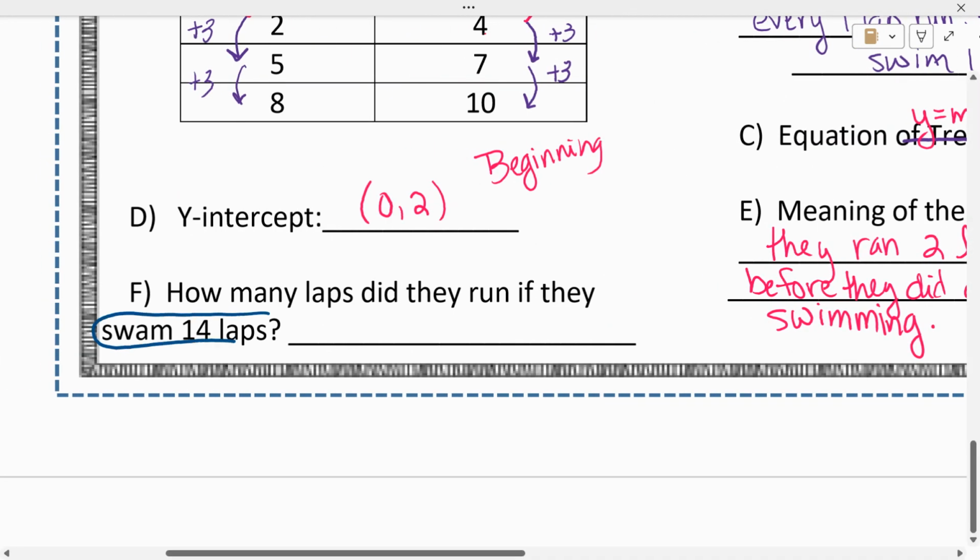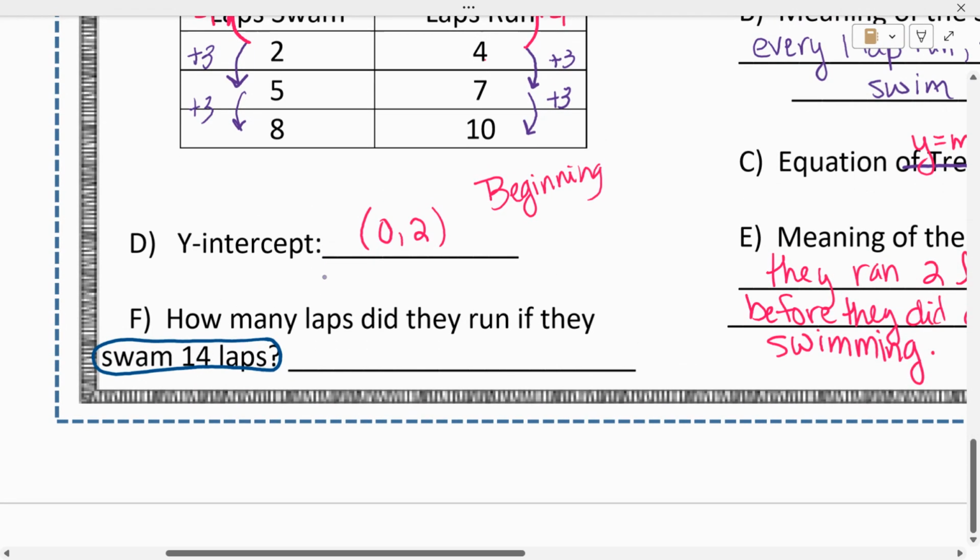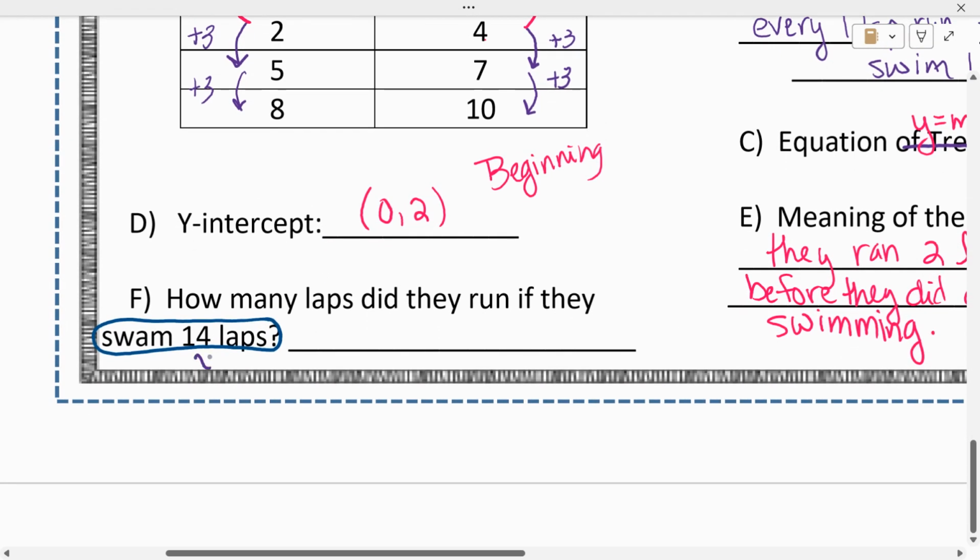What variable does the swimming 14 laps represent? Is swimming the y-axis or the y variable? It's the x. So this is the same thing as saying let x equal 14. And we're going to substitute that into our equation.